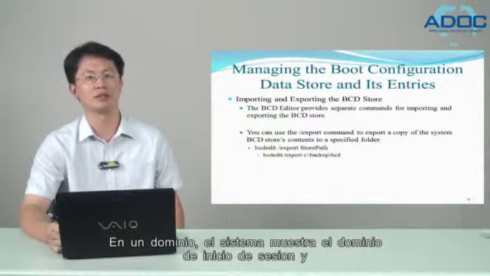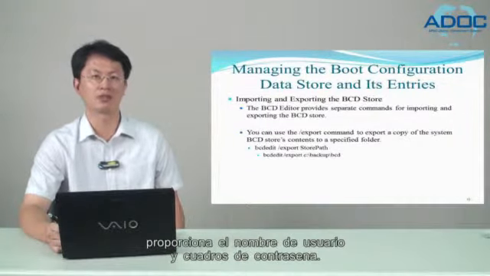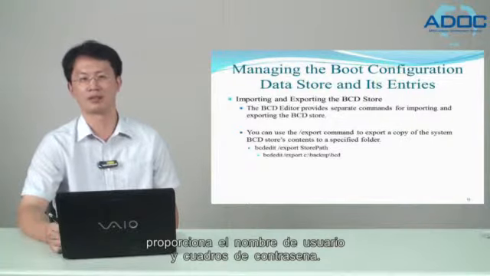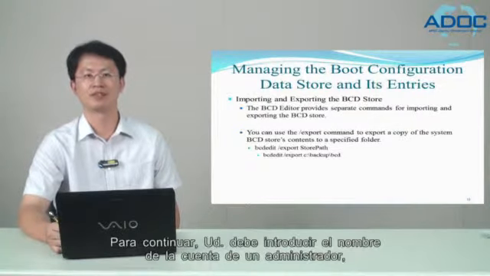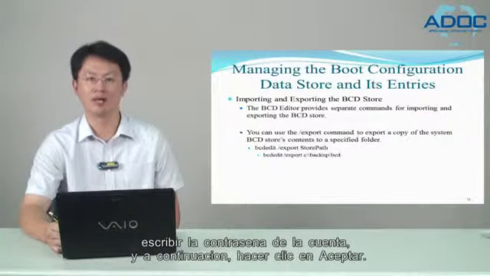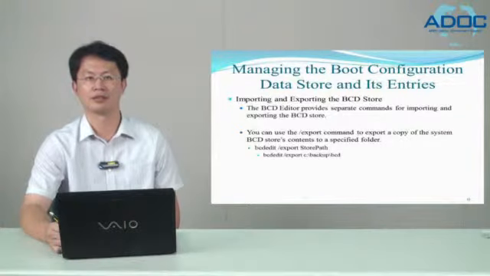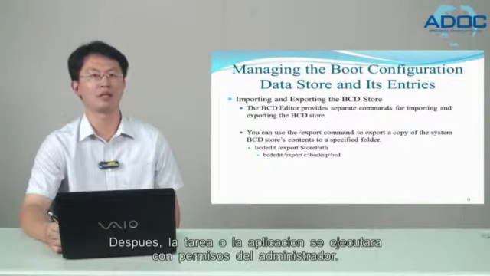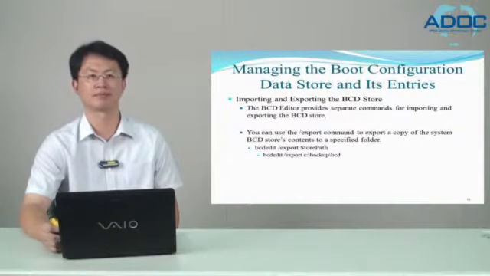In domains, the prompt shows the logon domain and provides username and password boxes. To proceed, you must enter the name of an administrator account, type the account's password, and then click OK. The task or application will then run with administrator permissions.